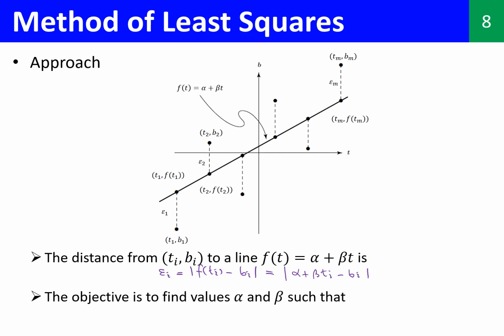So I can write it like this: the sum, i equals 1 to m, of the squared vertical errors, which equals alpha plus beta ti minus bi squared, and this is to be minimized.